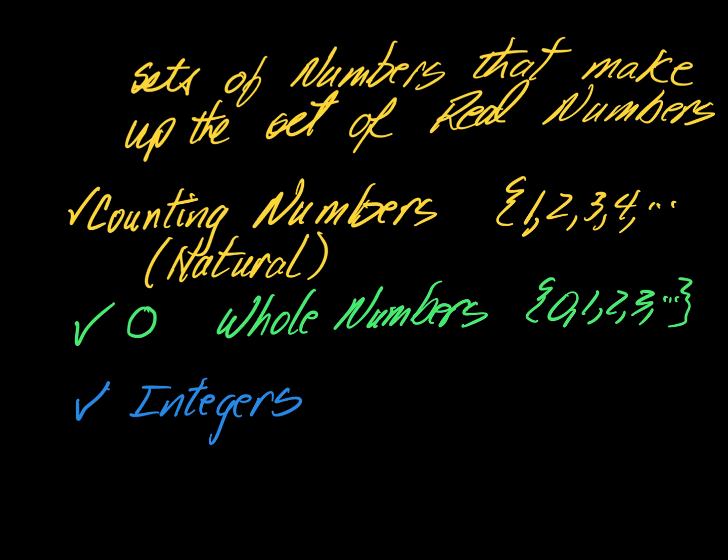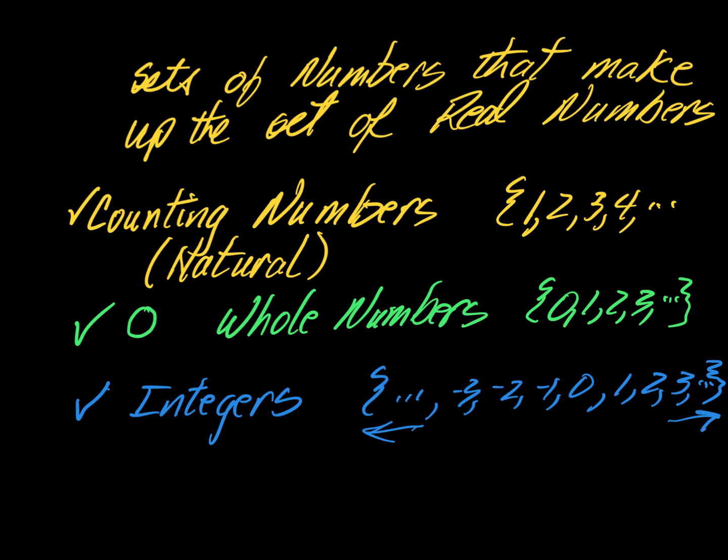So you took into account the opposites of these, and so your set became different: -3, -2, -1, 0, 1, 2, 3, on and on in both directions. We are expanding our set of numbers and understandings.